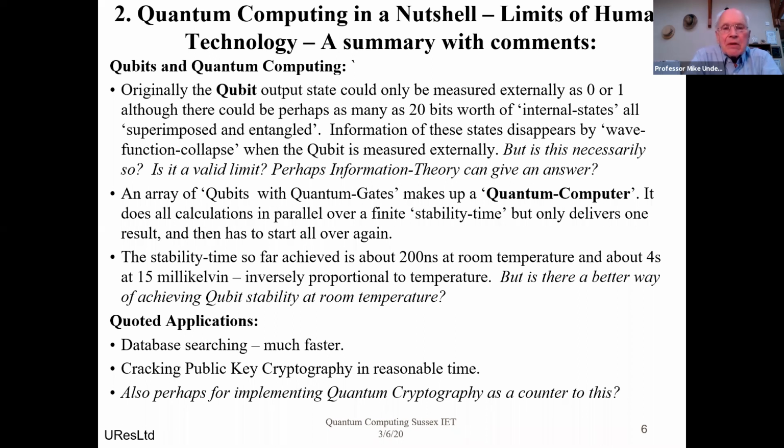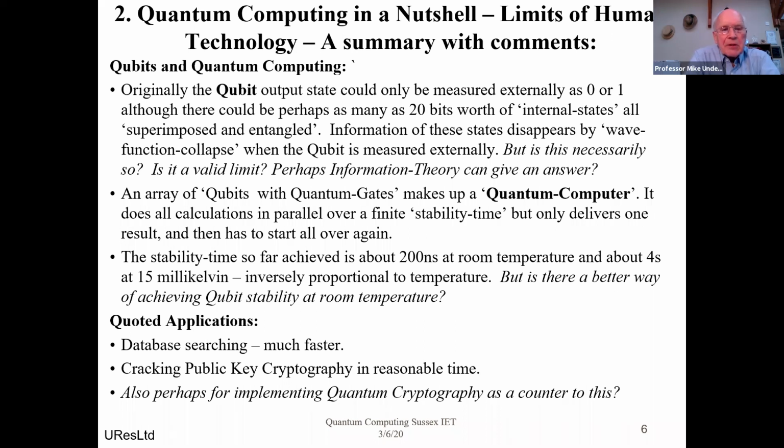And the improvement of about 2,000 is inversely proportional to temperature. So it leaves open the question, is there a better way of achieving qubit stability at room temperature? That's a question which we'll address as we go on from now on.